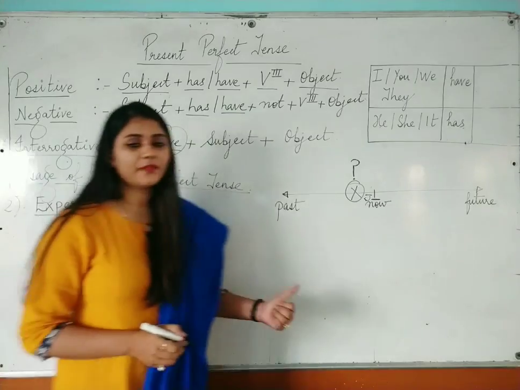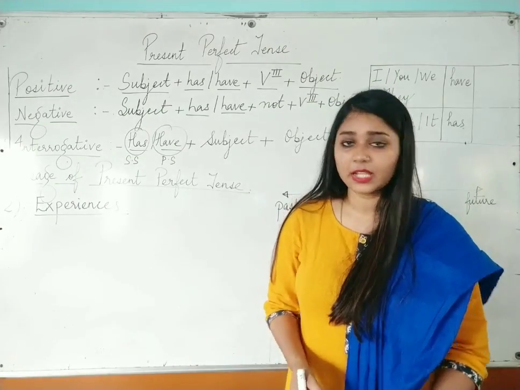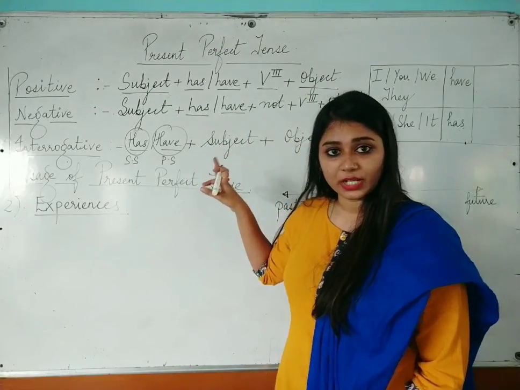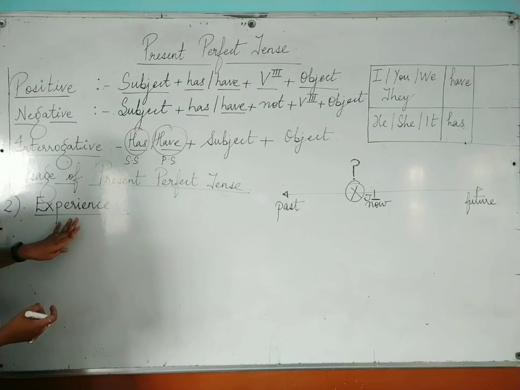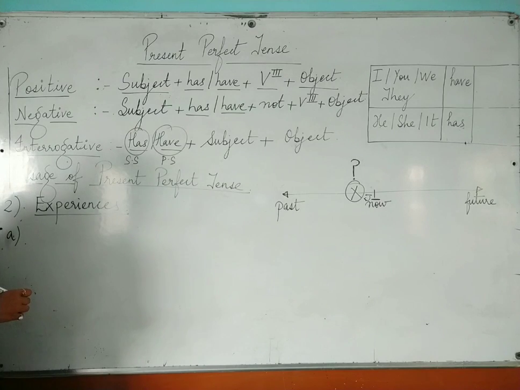That is, present perfect tense is used for experiences. When you are sharing any experience, then you have to use which tense? You have to use present perfect tense. Okay, let's see the example of this. First example is, I have taught English to many students.